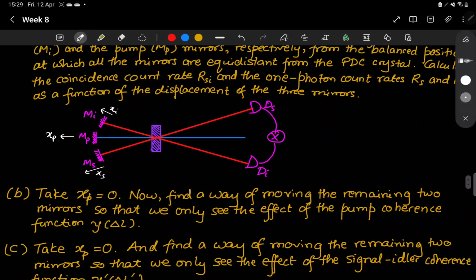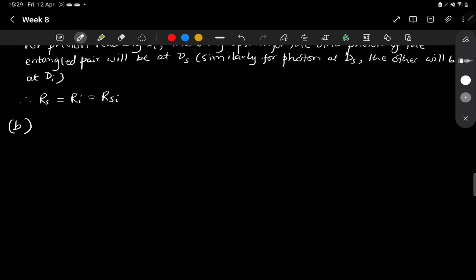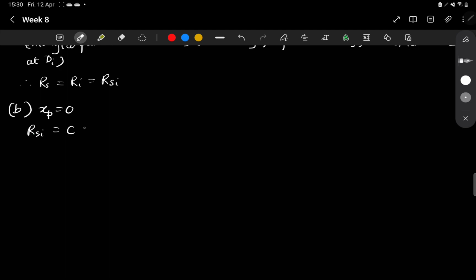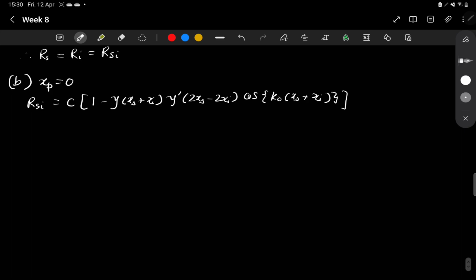Now part B, we need to take xp equals to 0 and we need to find a way of moving the remaining 2 mirrors so that we only see the effect of gamma delta L. So this is the coincidence count rate when xp equals 0.